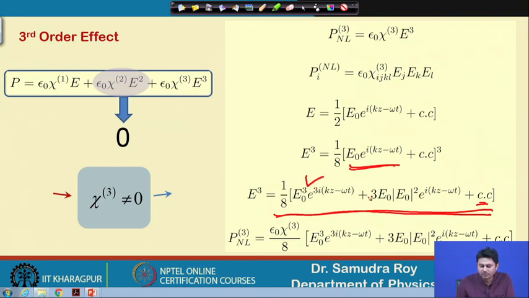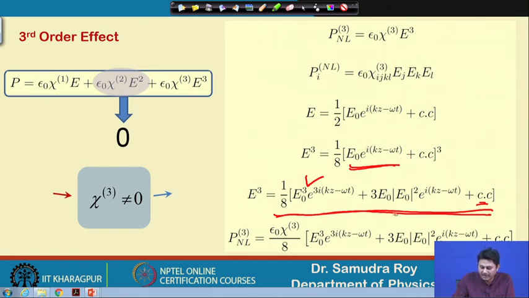Also there will be a coupled term, we called it 3 a square b. So, in this 3 a square b term, 3 is here, a square is the square of that, and then the complex conjugate.